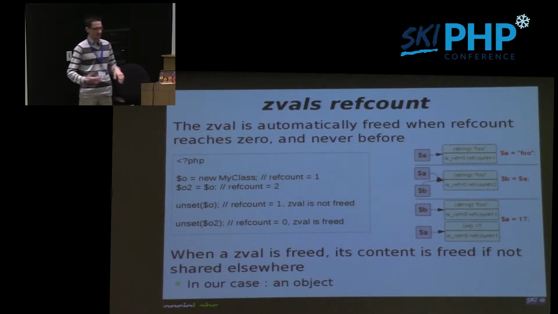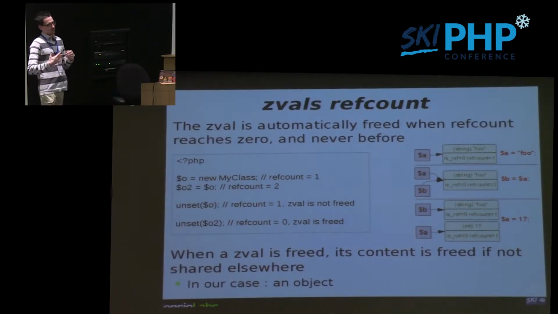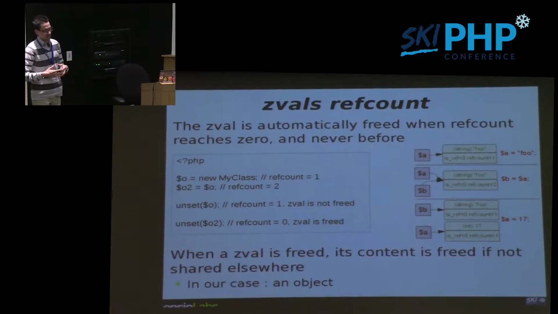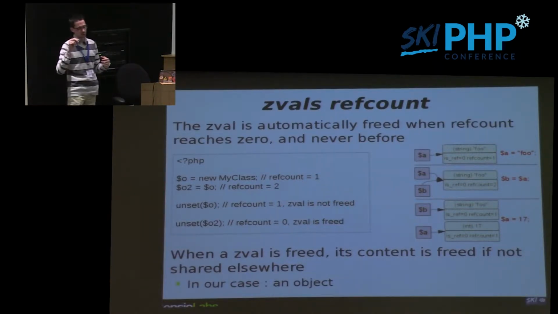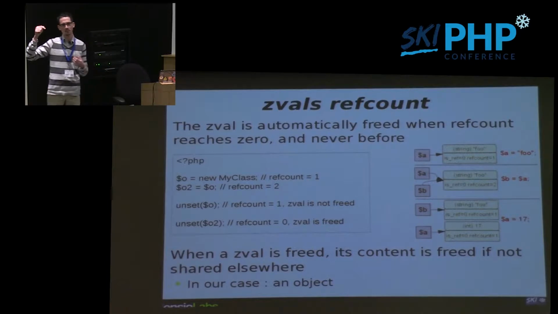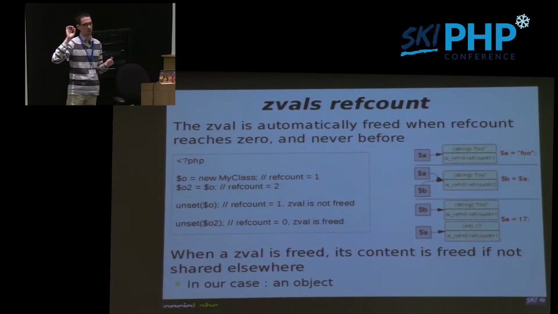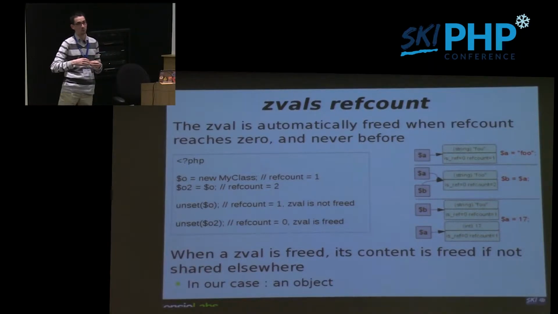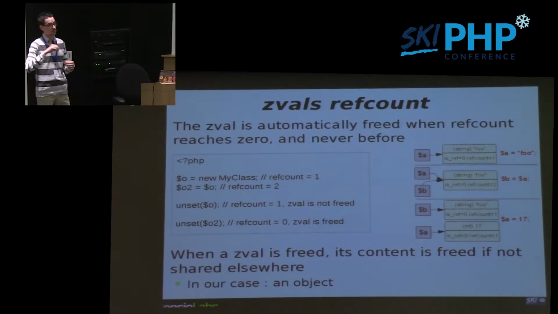So basically, when you create a variable and you assign something into it, you have a ref count of 1, and then you play with this variable. You pass it to functions, to classes, and so on. The ref count will be incremented each time you add a variable to the same zval, and each time the variable is changing scope.